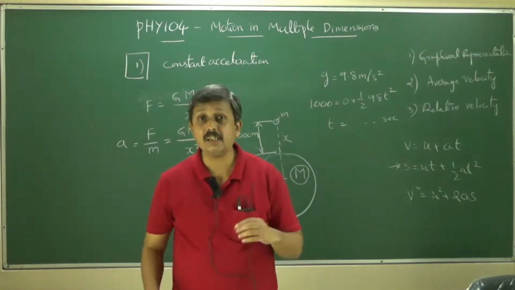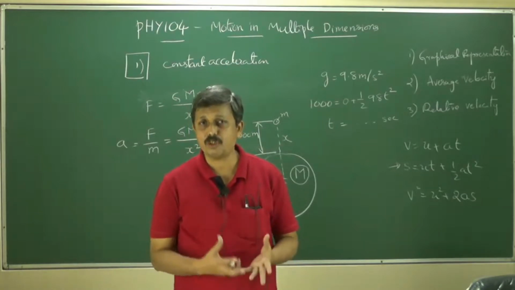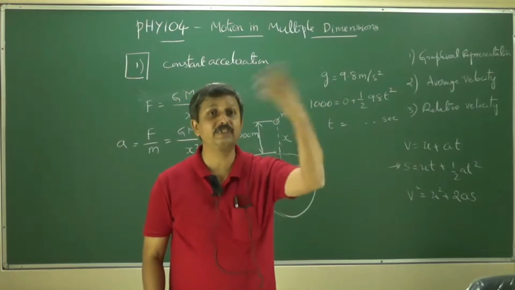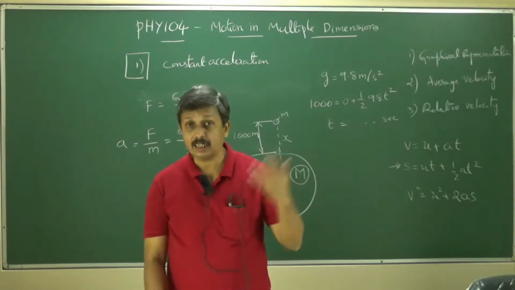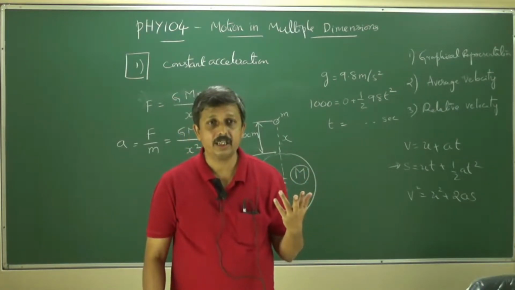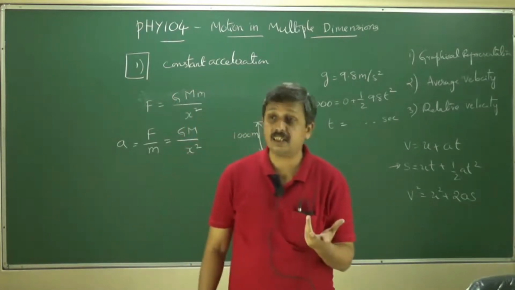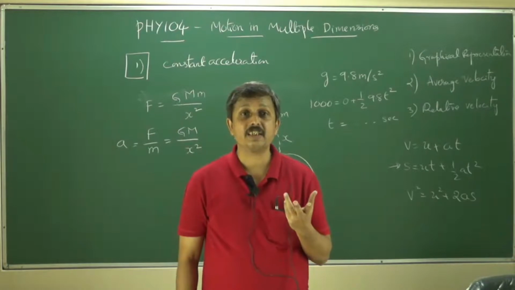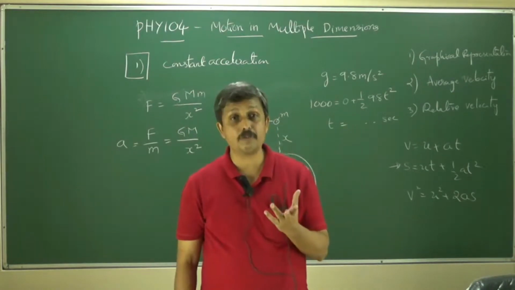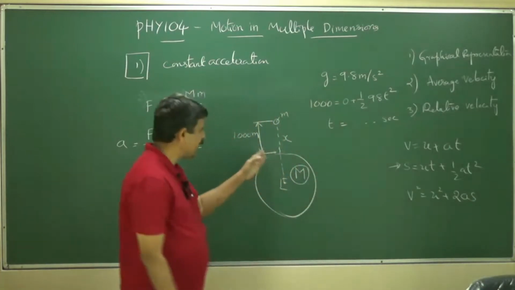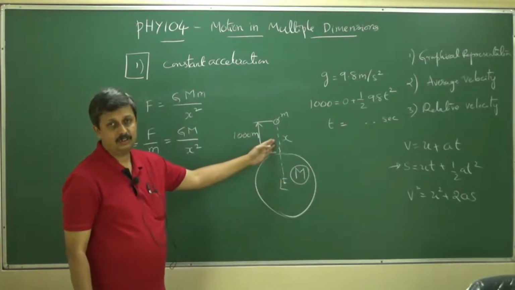But in a proper calculation, for example for satellites going around the Earth, satellites are very far. They are not like 1 kilometer. A geosynchronous satellite is 36,000 kilometers from the Earth, so we cannot neglect x.